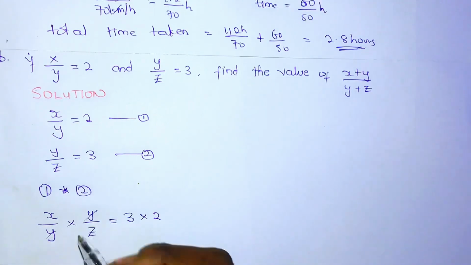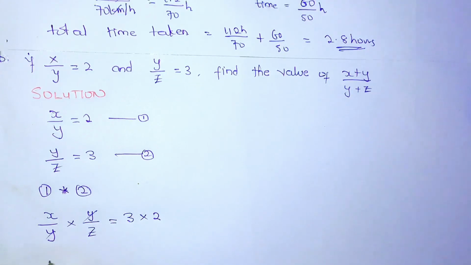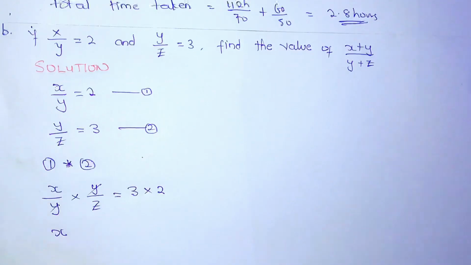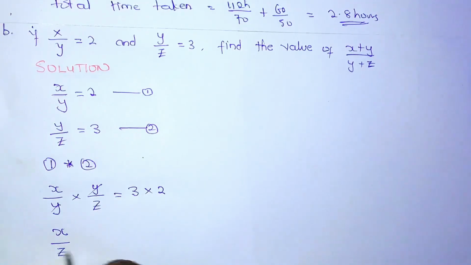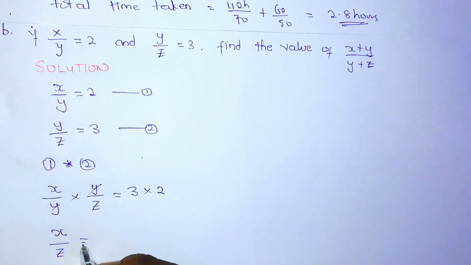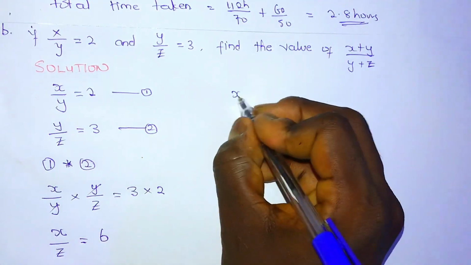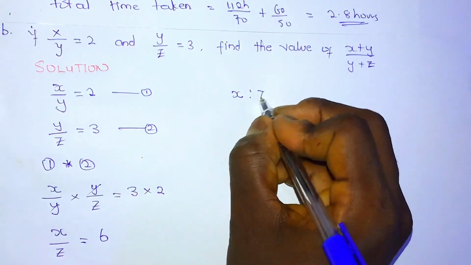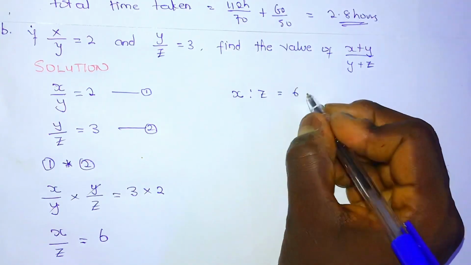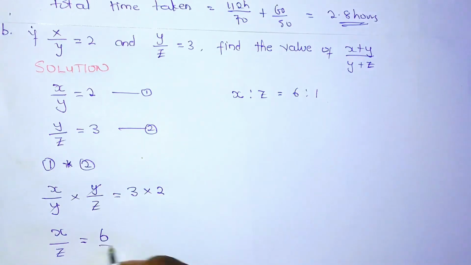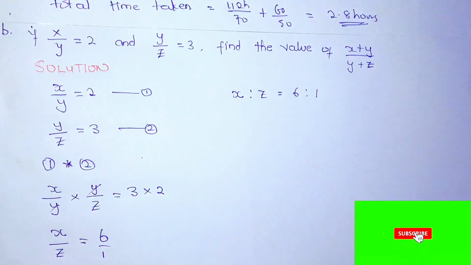So y will cancel y, and we are going to get x over z to be equal to 6. X over z is equal to 6. If you write this in ratio form, we get x is to z is equal to 6 is to 1.